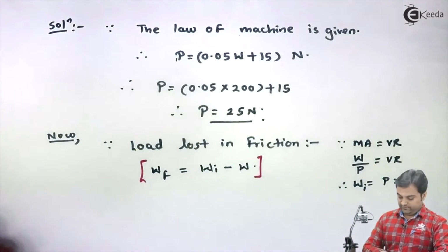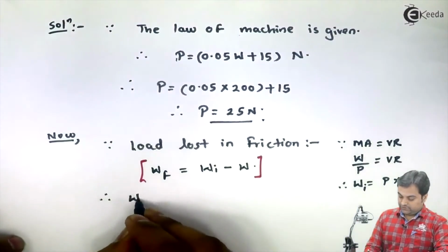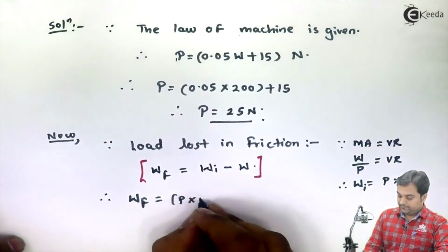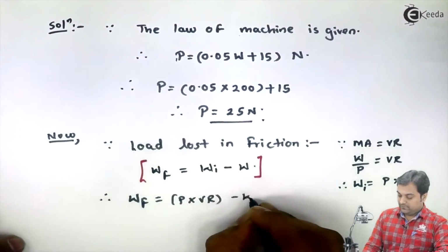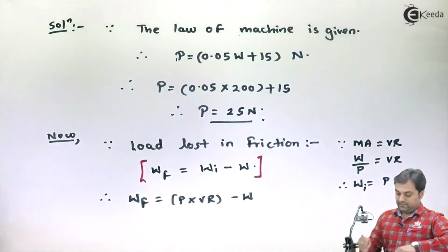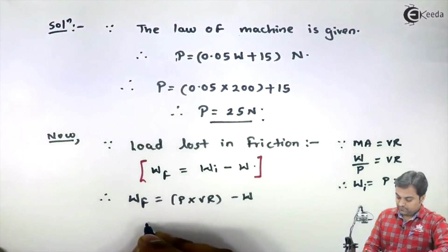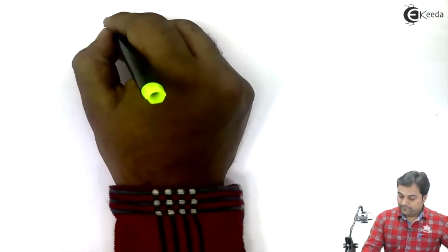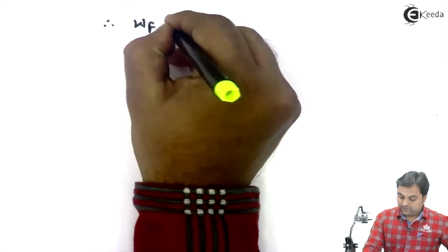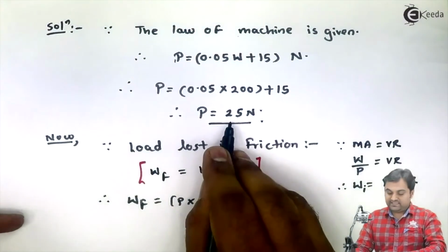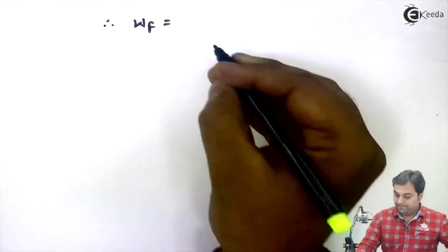So here I have the formula. Therefore load lost in friction is equal to ideal load, which is P into VR, minus W. I'll put the values here. Load lost in friction is equal to P into VR. P is 25 Newton, we have calculated.